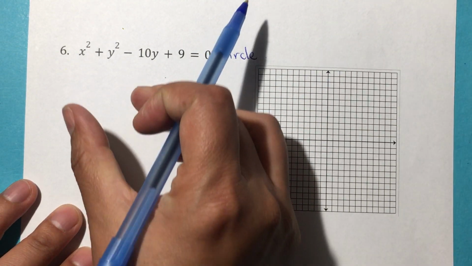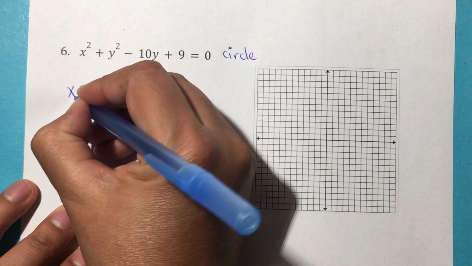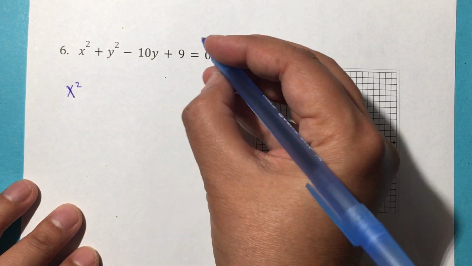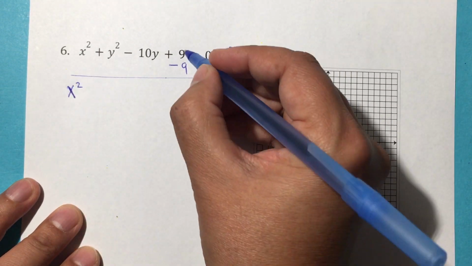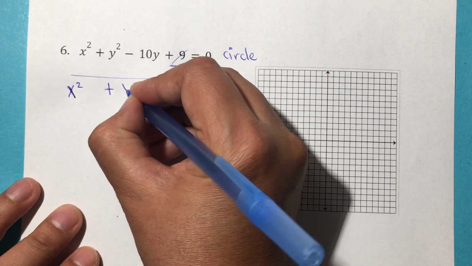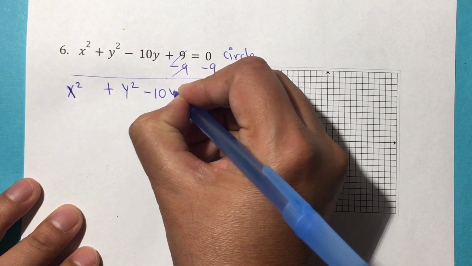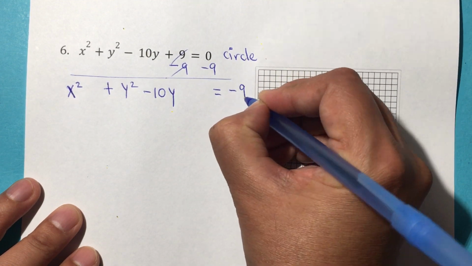So for the circle, I'm going to separate first the x and the y, but I noticed that for x, I only have x squared, so that's already a perfect square. I'm going to get rid of this 9 by subtracting at the same time, and then I'm going to have here plus y squared minus 10y equals 0 minus 9, which is negative 9.